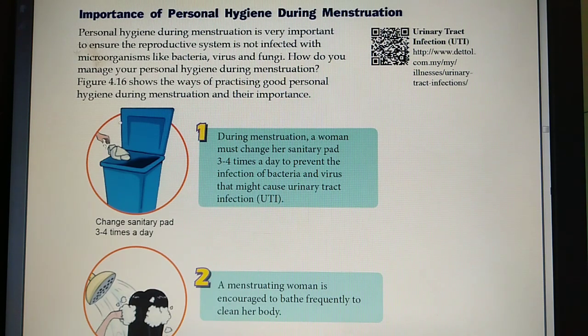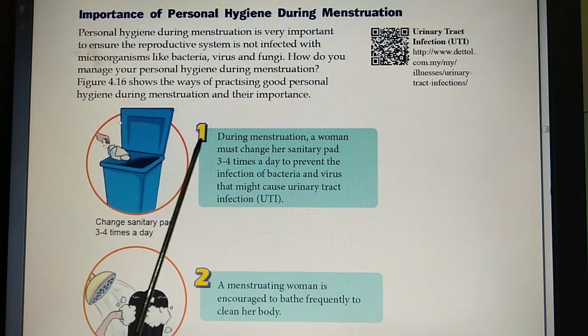Because the blood flow during menstruation can be a place for microorganisms to grow and can infect your urinary system, causing urinary tract infection. When this happens, you get an infection from a microorganism. That's why you have to practice good personal hygiene during menstruation, and this is a very important part of the menstrual process.